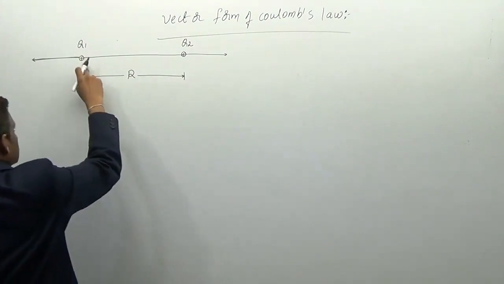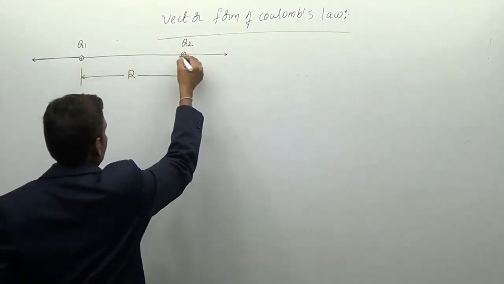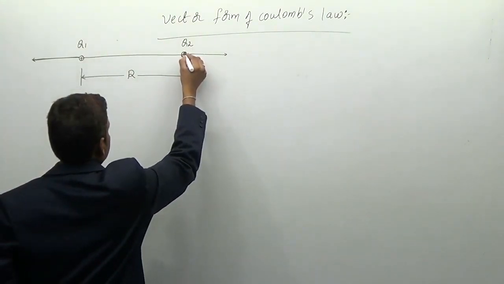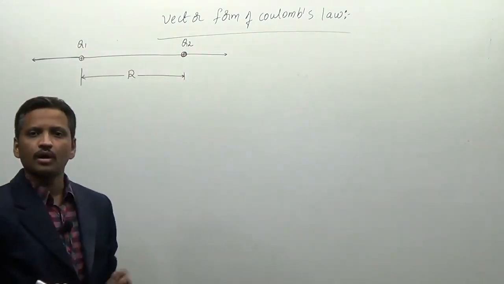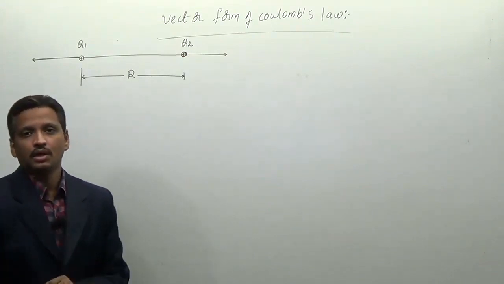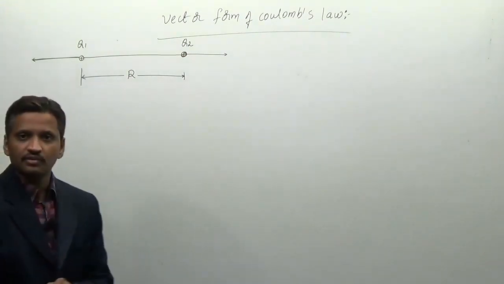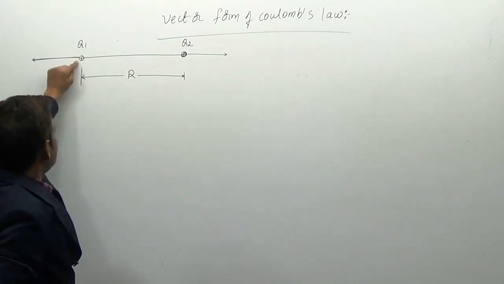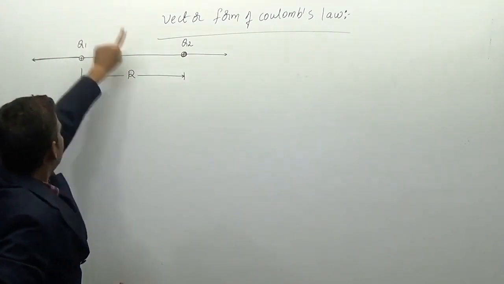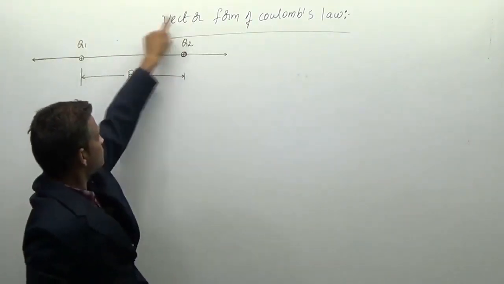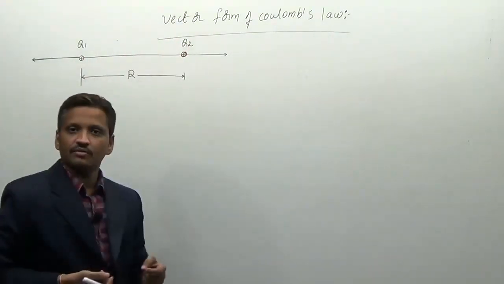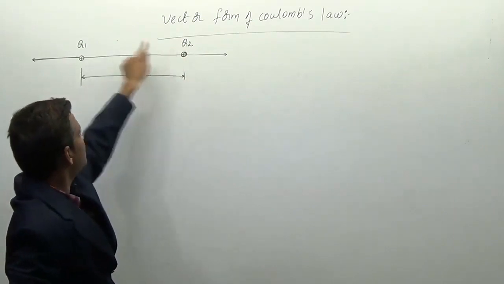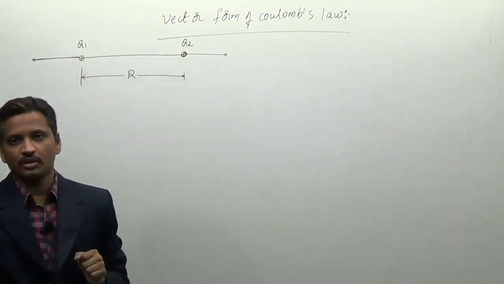Suppose this charge is exerting force on this, and this charge is exerting force on this. How are we going to denote that force? That means this charge will have some electric field around it, and this charge will have some electric field around it. So this electric field will exert force on this electric field, and this electric field will exert force on this electric field.